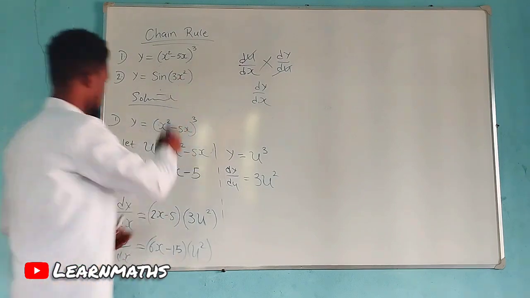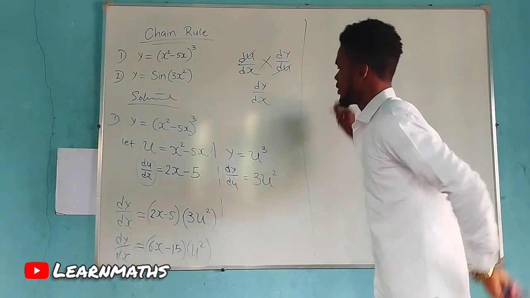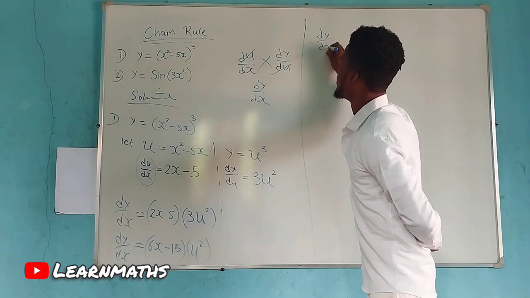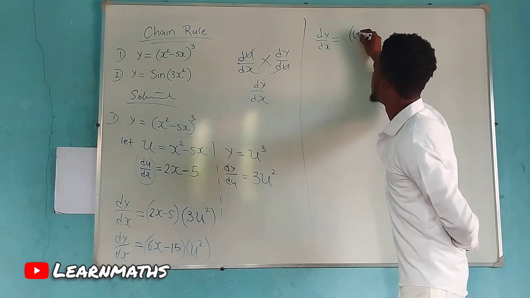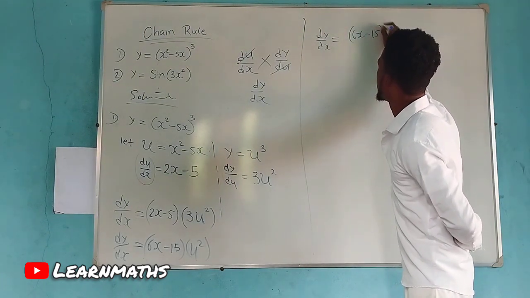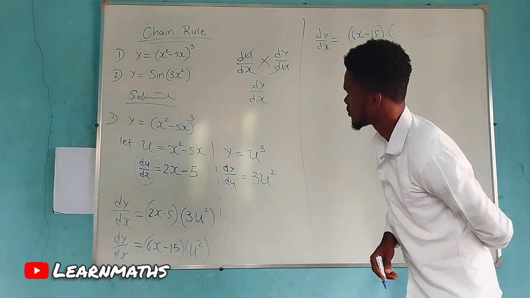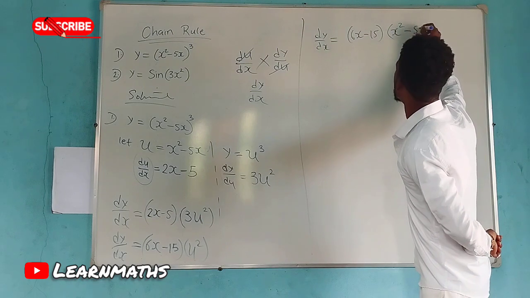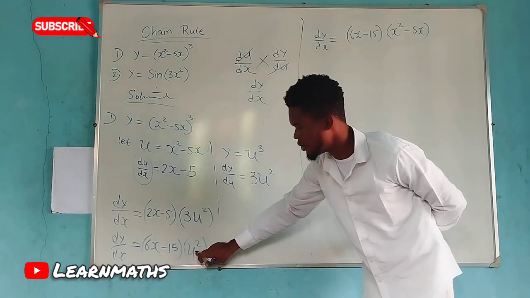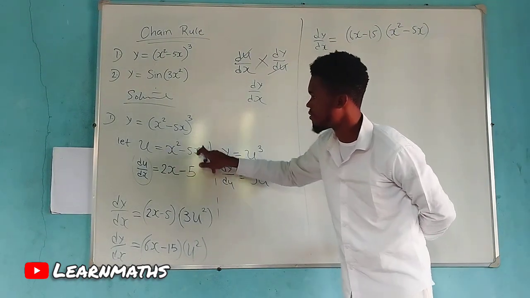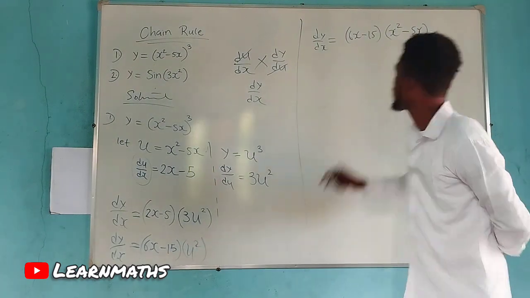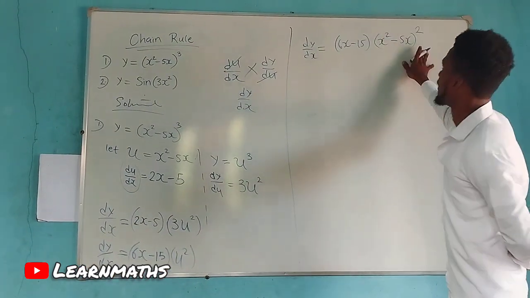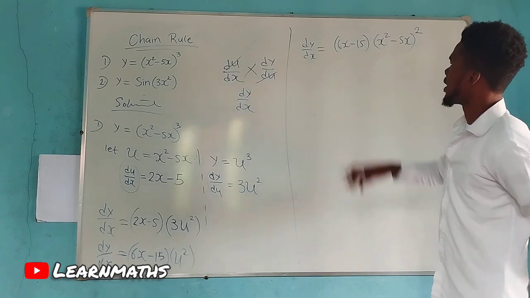So that's going to give us dy dx equal to 6x minus 15 times x squared minus 5x, all squared, since u is x squared minus 5x and we have u squared. So this will be the answer for dy dx.